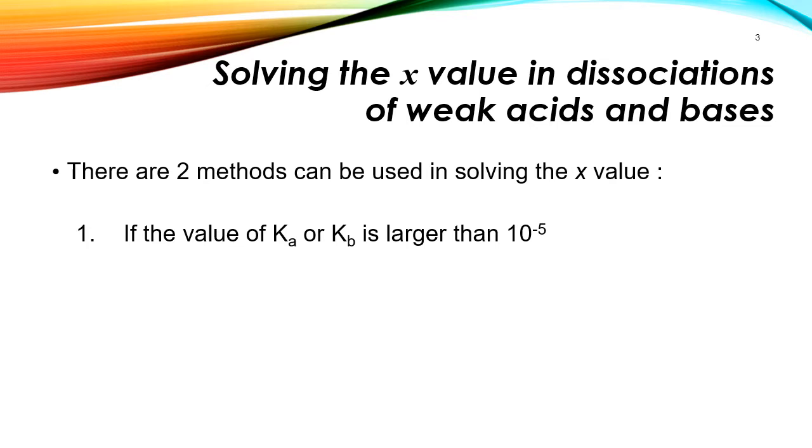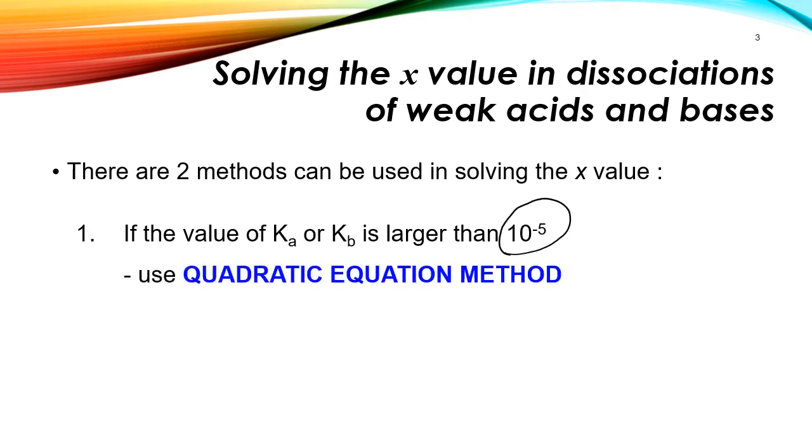First, if the value of Ka or Kb is larger than 10^-5, we can use the quadratic equation method. Using this method, we just use the calculator to get the value of X.